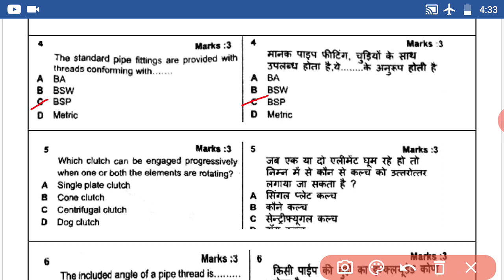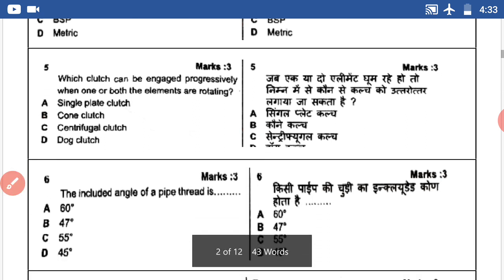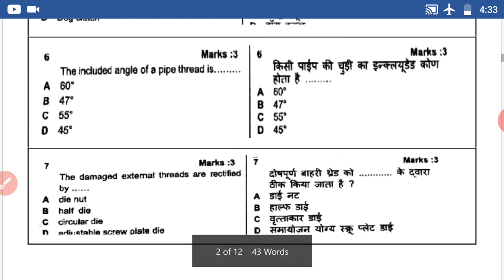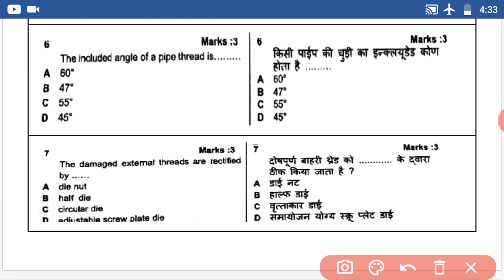So answer B. Question number 6. The included angle of pipe thread is dash. This question's answer: 55 degree. C answer.